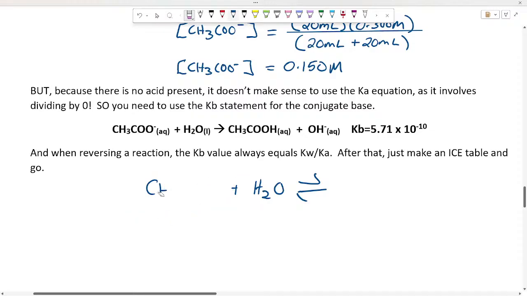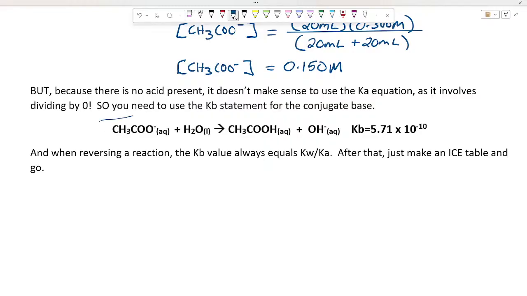Now, I know the reverse reaction can still happen, but the convention is now we work with the reverse reaction, where we say that CH3COO minus that we have lots of now, 0.15 molar, well, that's not an acid. It's a base. So it's going to react with water.